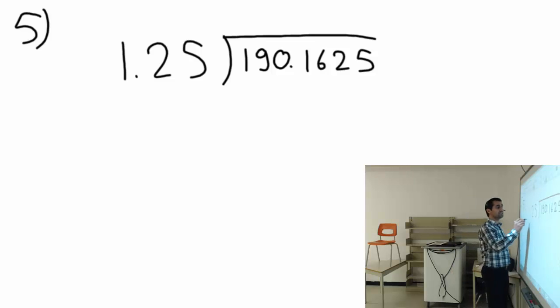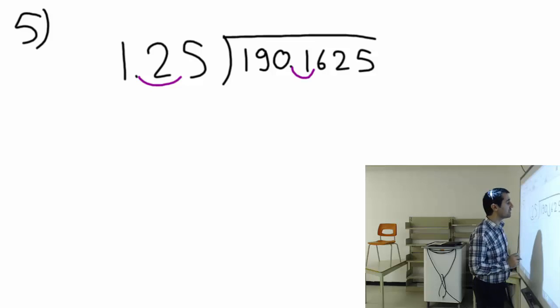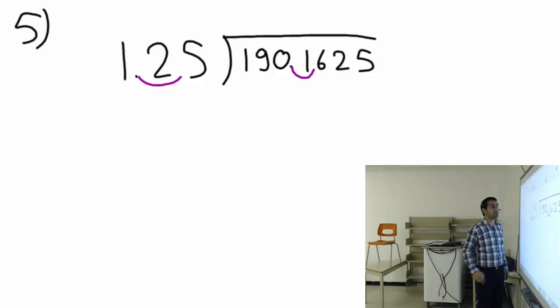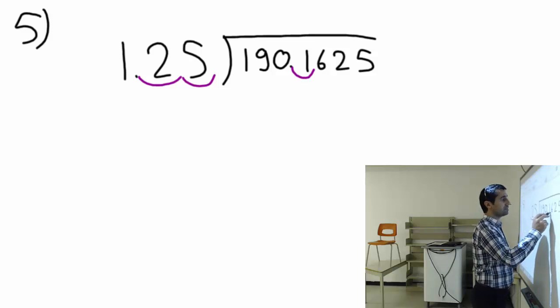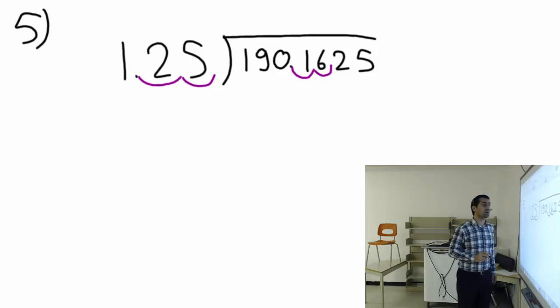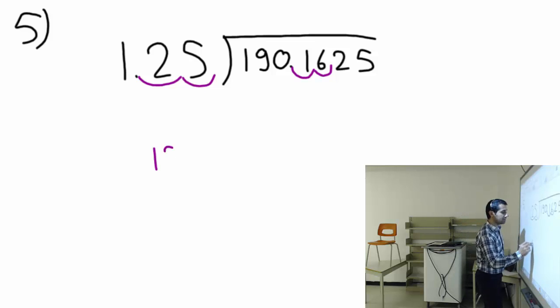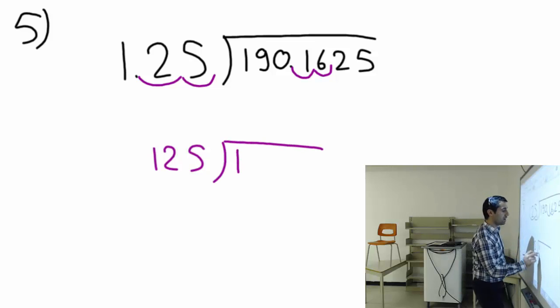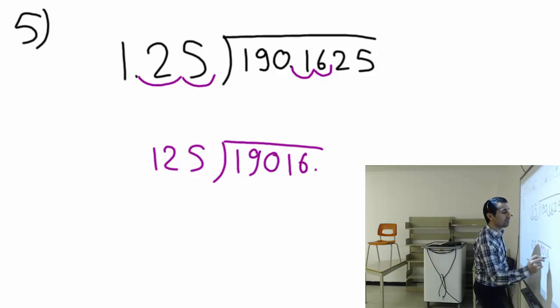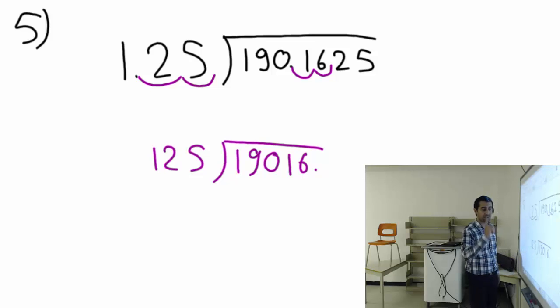So I'm going to move this decimal to here, and I'm going to make sure I move that decimal there as well. And that's not enough. I'm going to move this decimal once again, and that decimal once again. And now I'm going to have a brand new question, which means 125, and inside I have 19016.25, that's where the decimal now is.